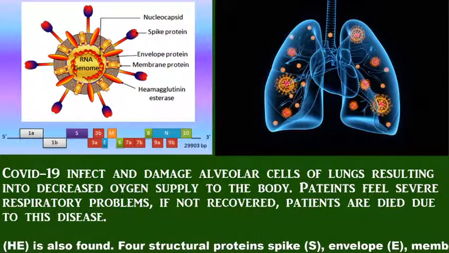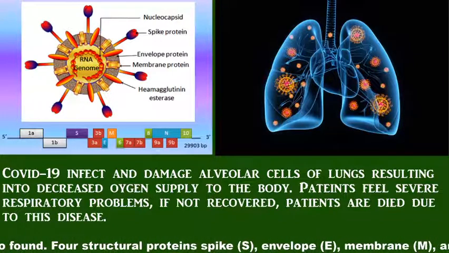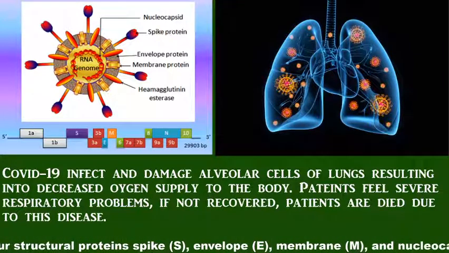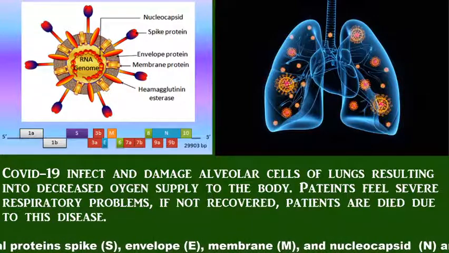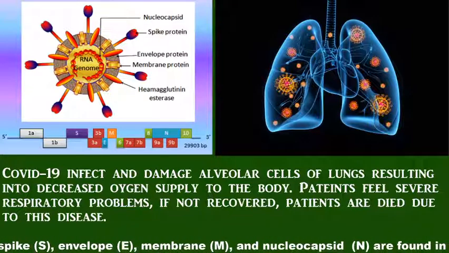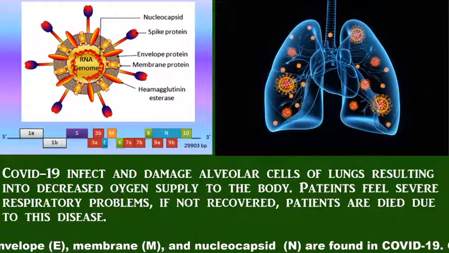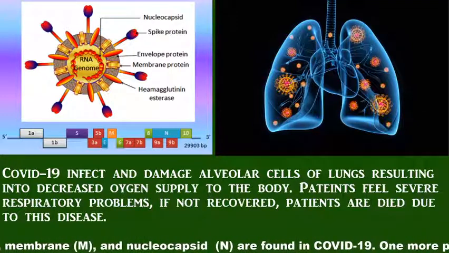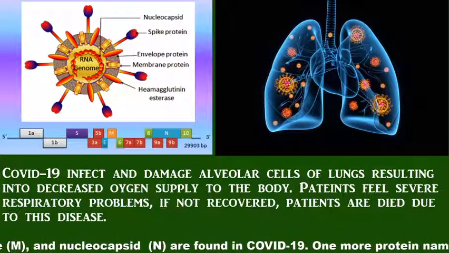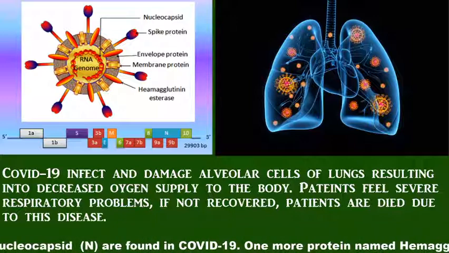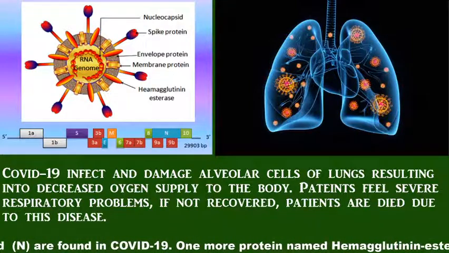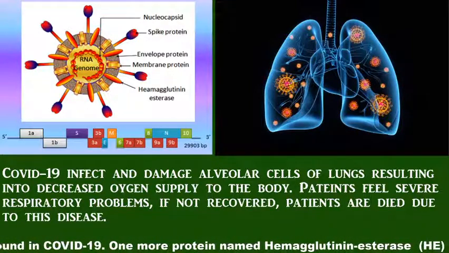That RNA hijacks the protein synthesizing machinery of the alveolar cell, and all required structural components of coronavirus get synthesized.